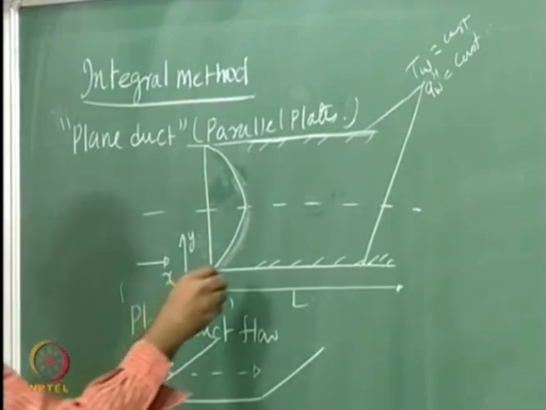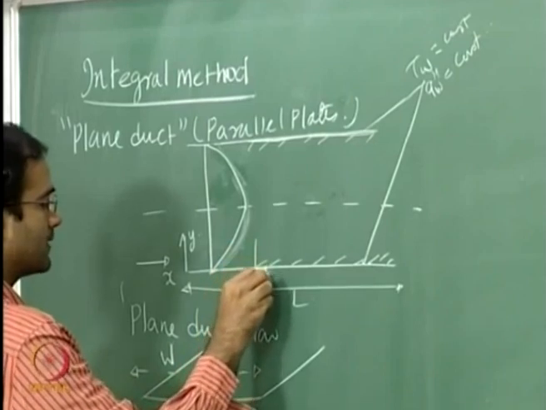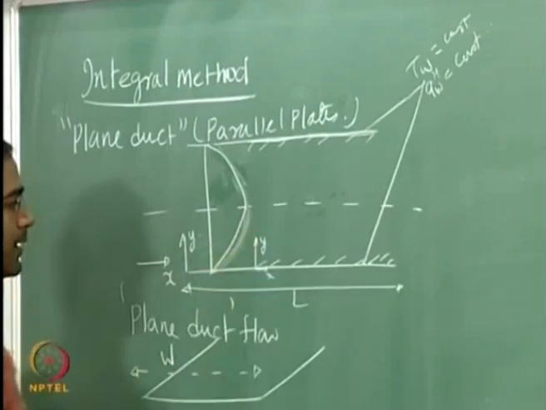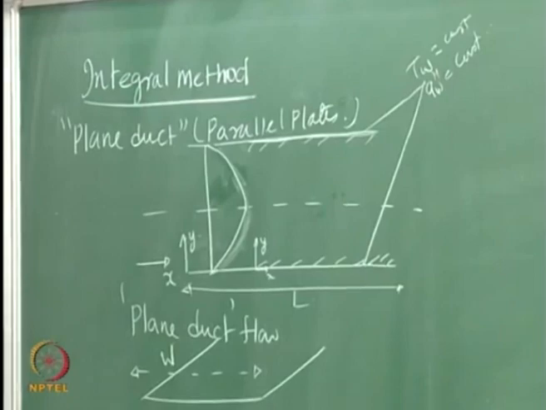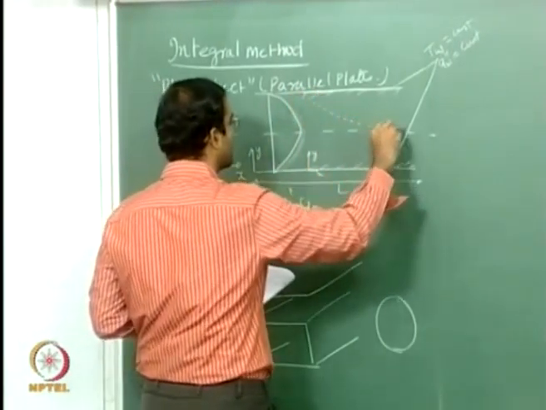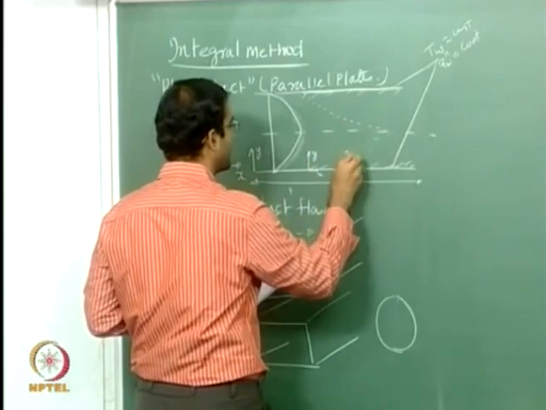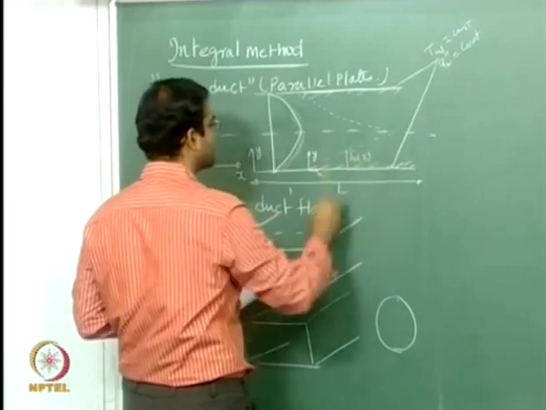So from here you can take your coordinate system. When you consider thermally developing flows, your x starts from the point where your heating starts. So from here you find the thermal boundary layer growth happening. So this is your delta T, which is now a function of x.